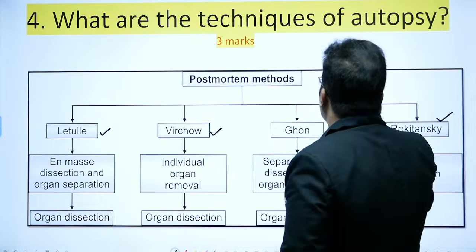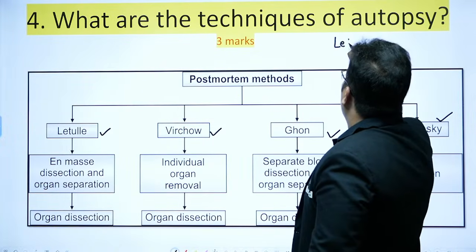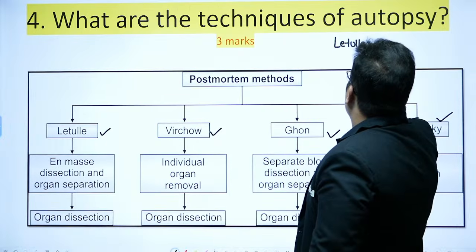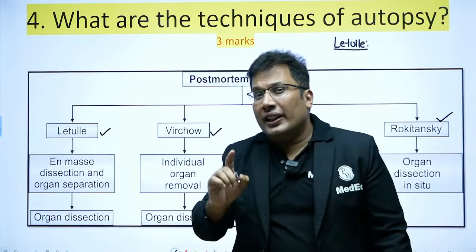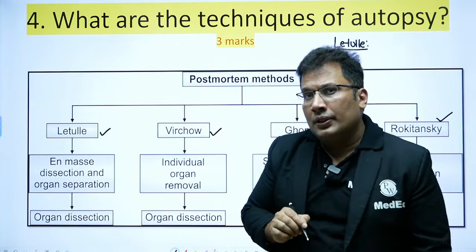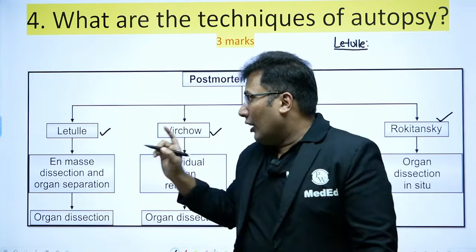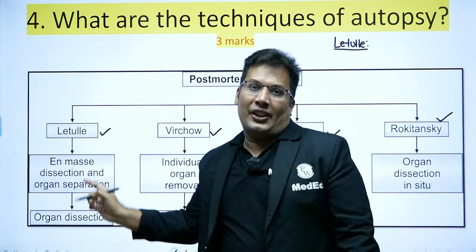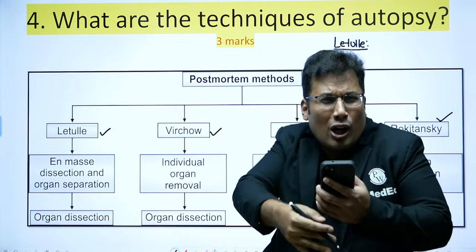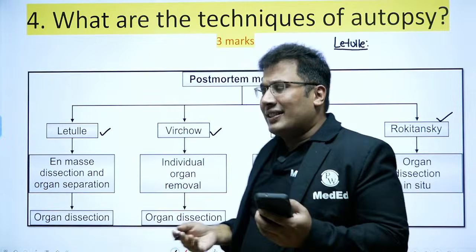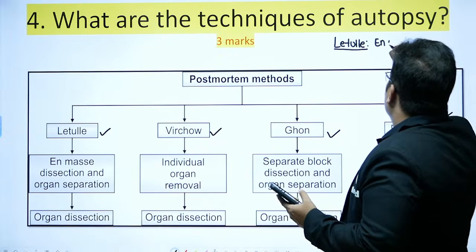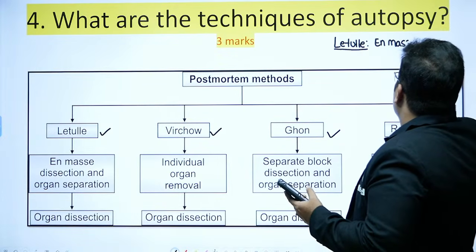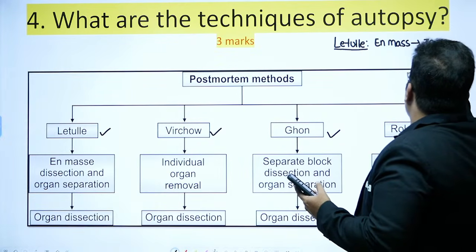I'm going to write here Letulle. See, Letulle is the best technique because we are going to do en masse dissection. So we are going to remove all the organs en masse. So we call it en masse, that is from tongue to prostate.